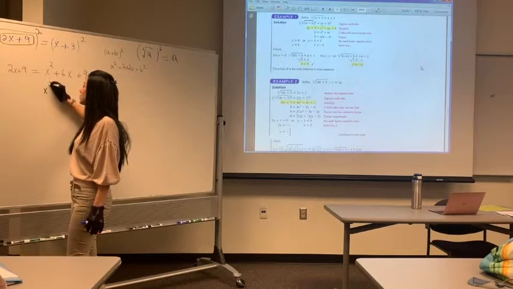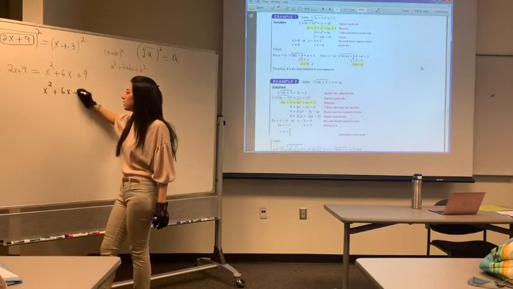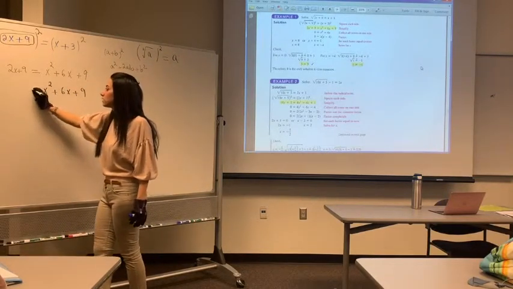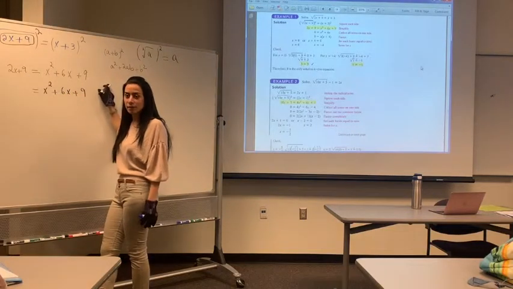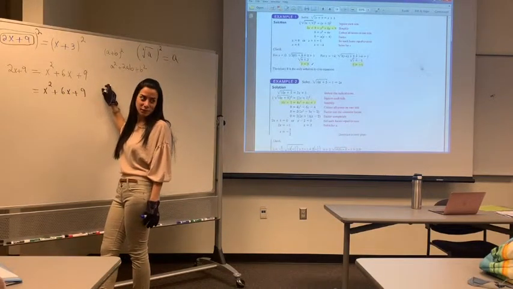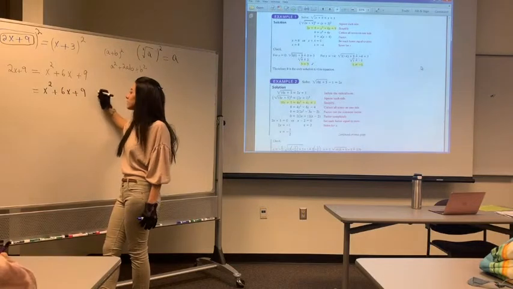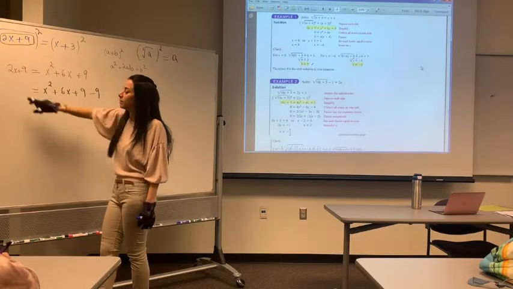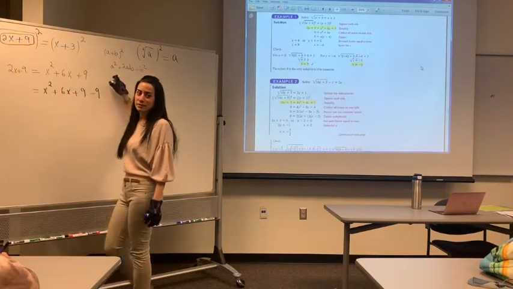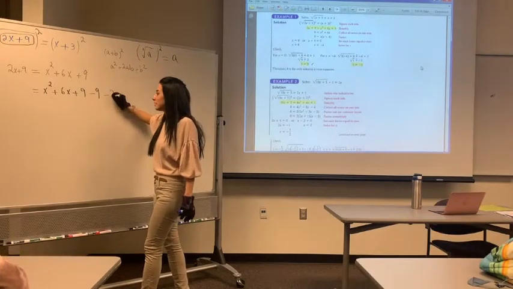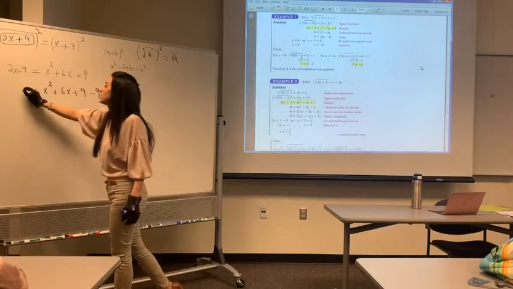So x squared plus 6x plus 9. 9 goes to the other side, becomes negative 9, right? 2x goes to the other side, becomes negative 2x. So we have 0 here.